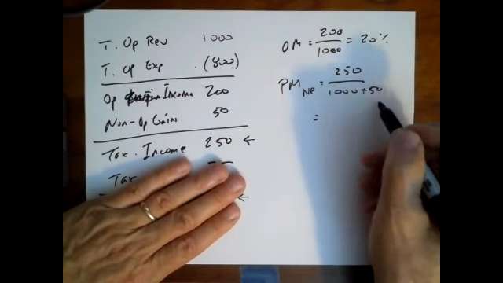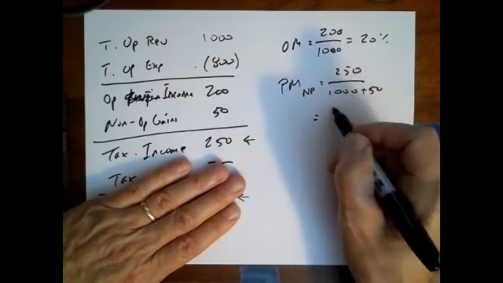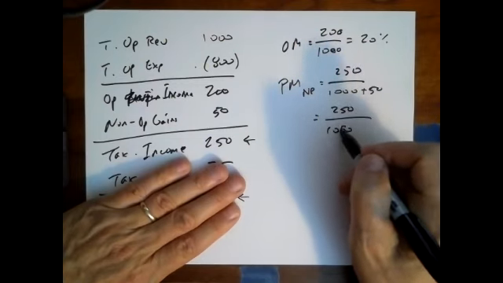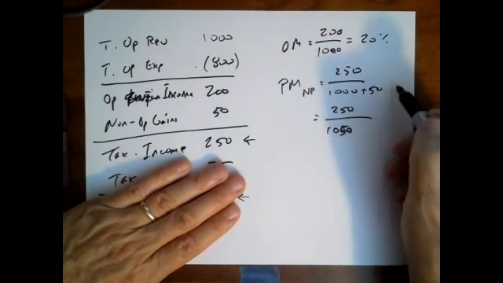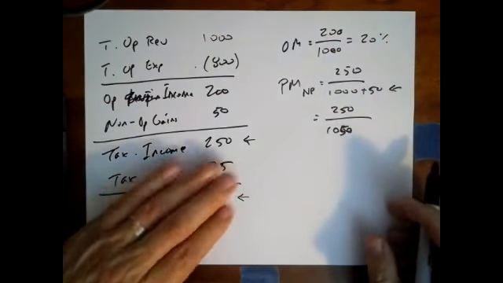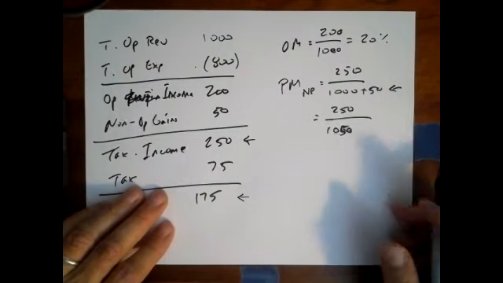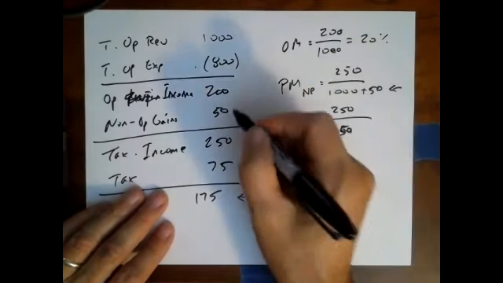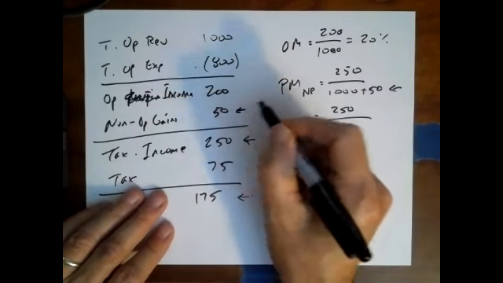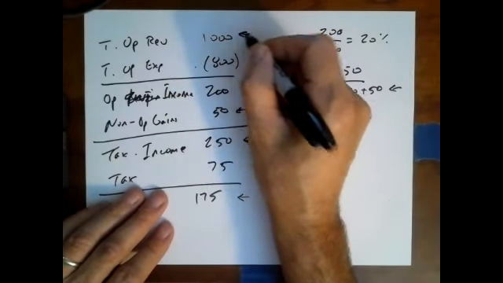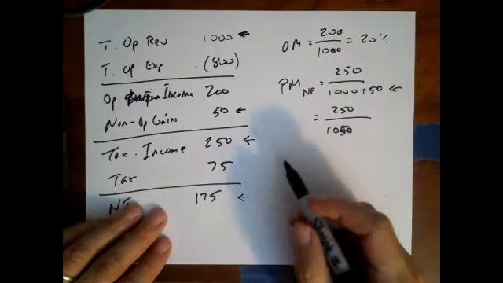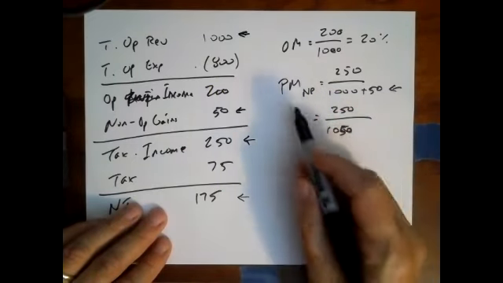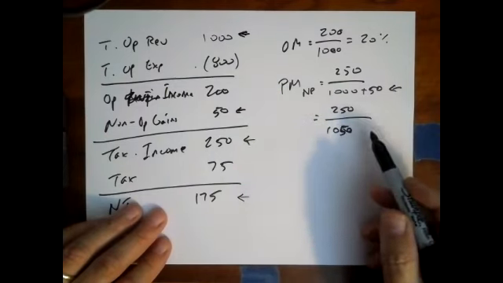So we have 250 divided by 1,050. That's an important point. A lot of students miss that point. You should be adding together the non-operating gain and the operating revenue to get your total revenue that goes in the denominator. Okay, so this would be the profit margin for the not-for-profit.